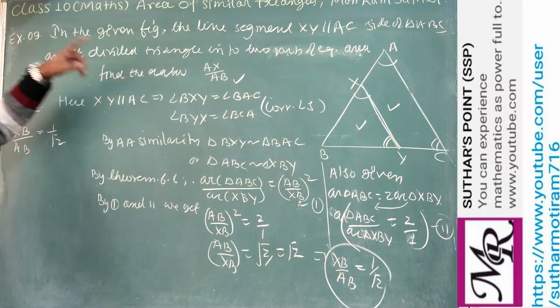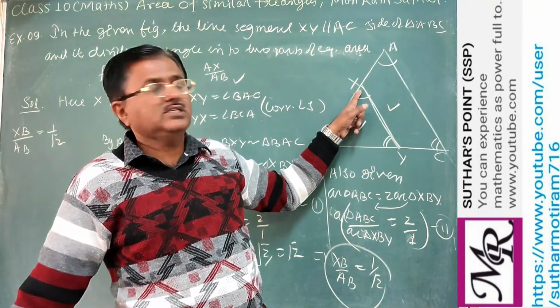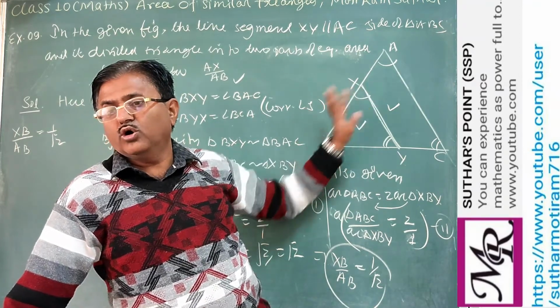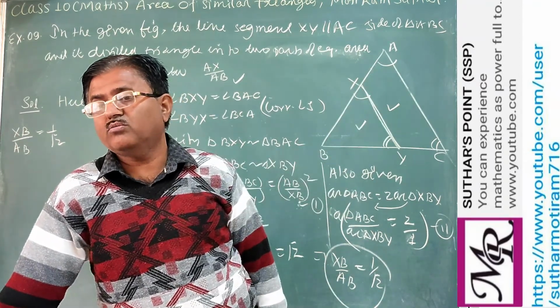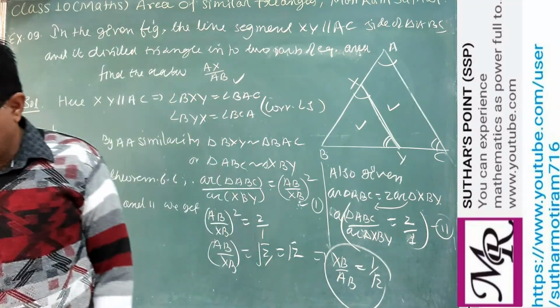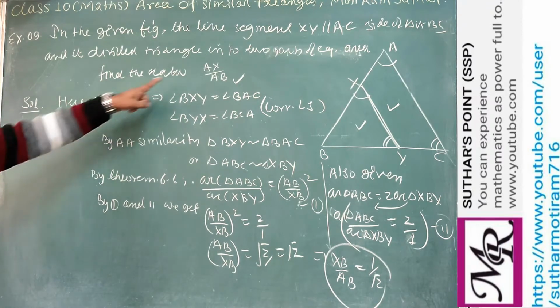Now see, we need AX. So what is AX? AX is the whole side minus BX. So whole minus part. So from each part we are subtracting from 1. Clear? We need the whole minus part, so that will give AX.